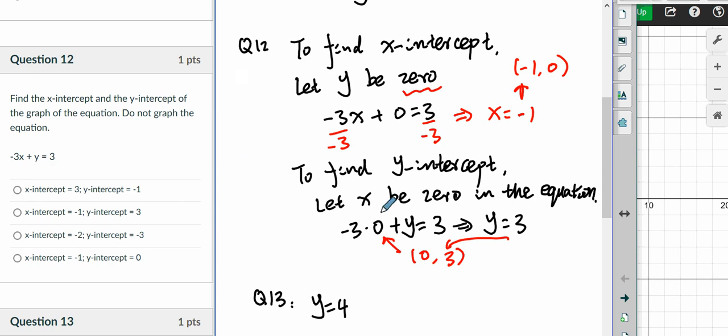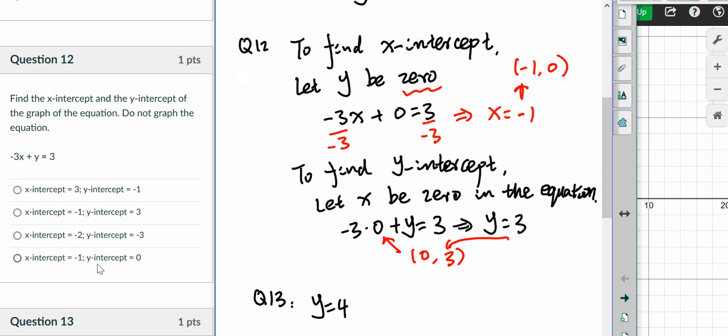Then if we let x be 0 here, negative 3 times 0, we get 0. So y is 3. So x is 0, y is 3. Then we have an x-intercept of -1, y-intercept of 3. So (-1, 3). Which one? The second one.